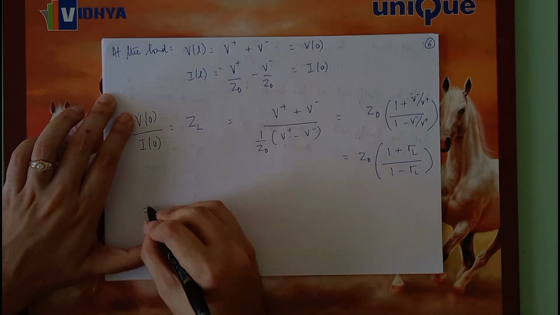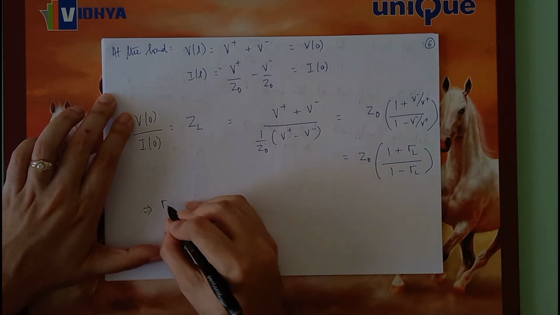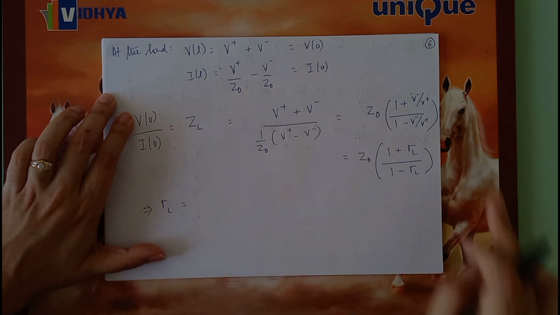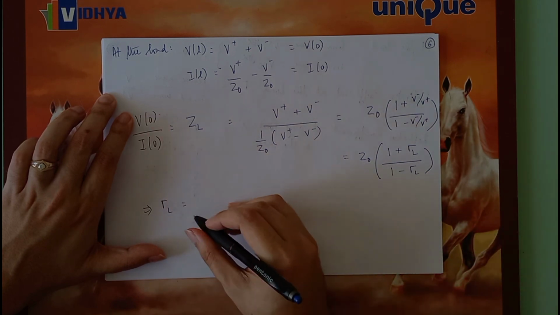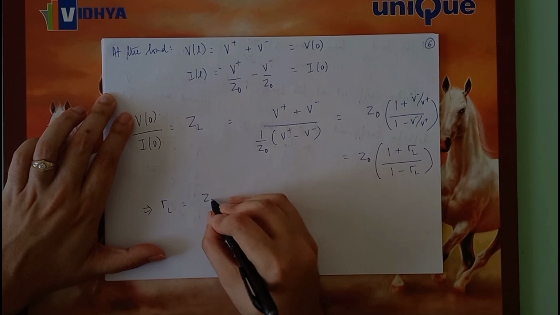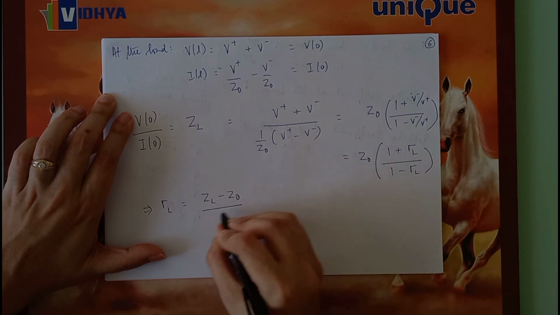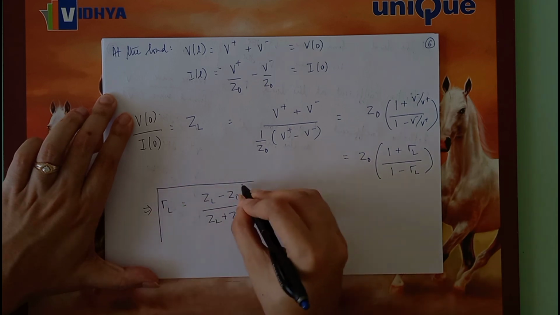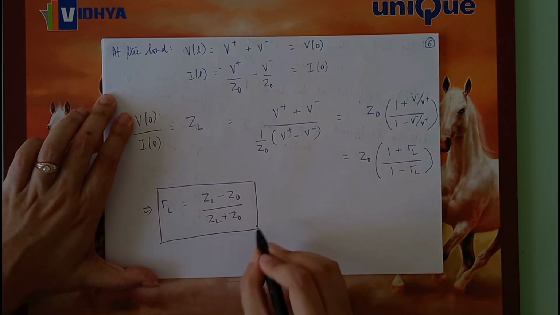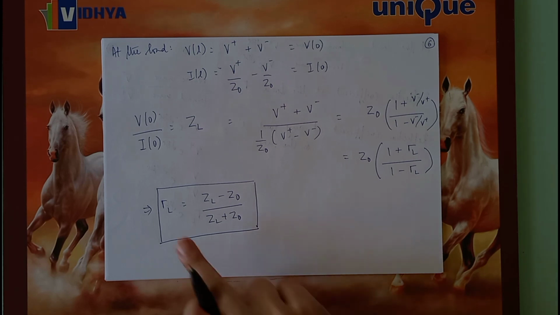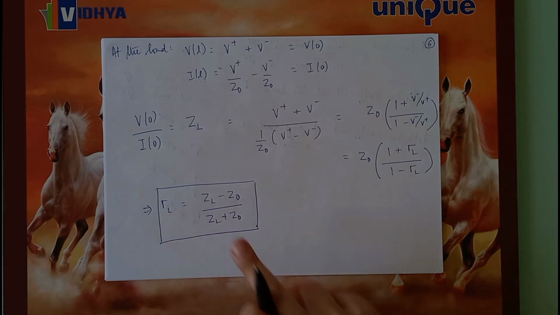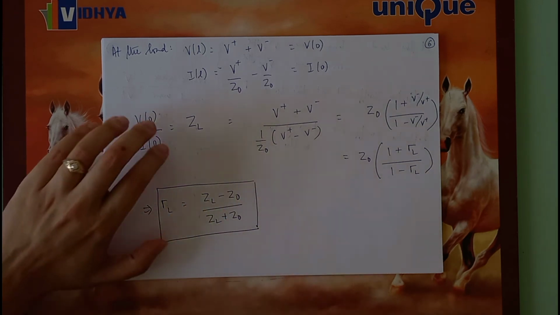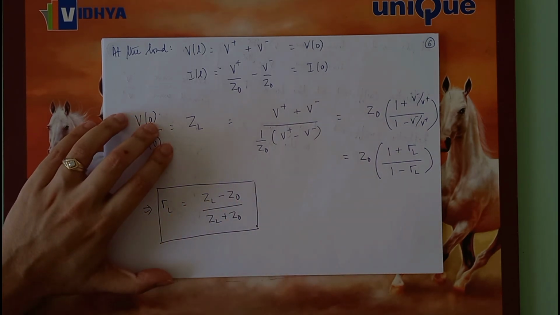So if I want to define now gamma L, that is the load reflection coefficient, just by cross multiplying and a little bit more of manipulation, I will get this. This is the load reflection coefficient as a function of load impedance as well as the characteristic impedance of the line.